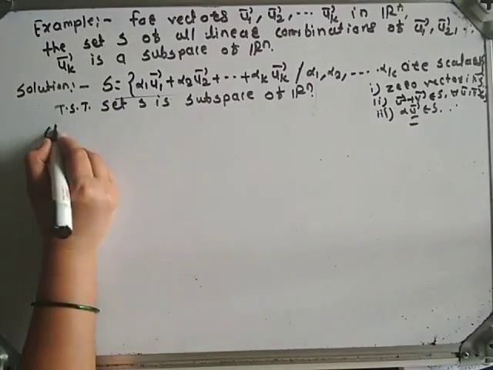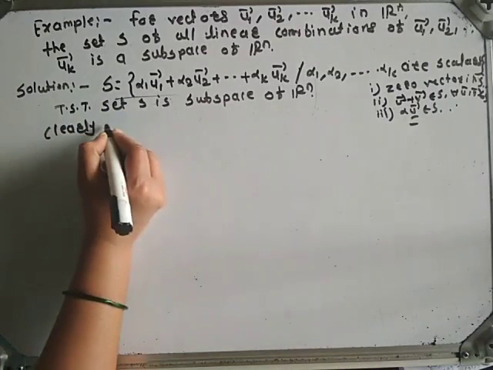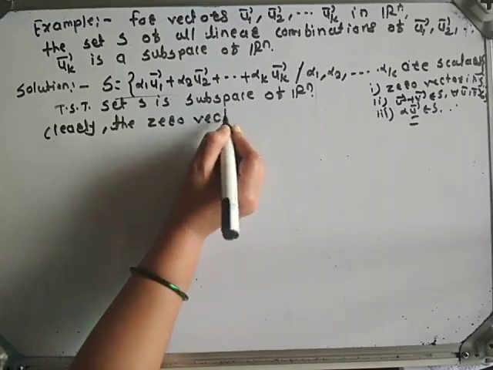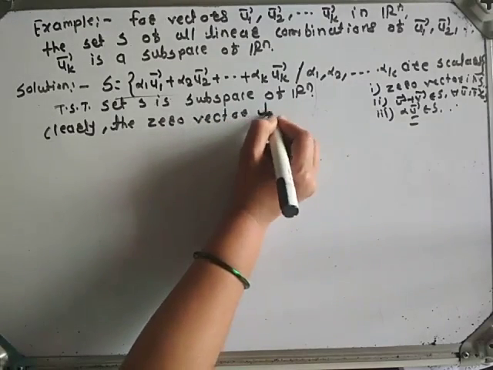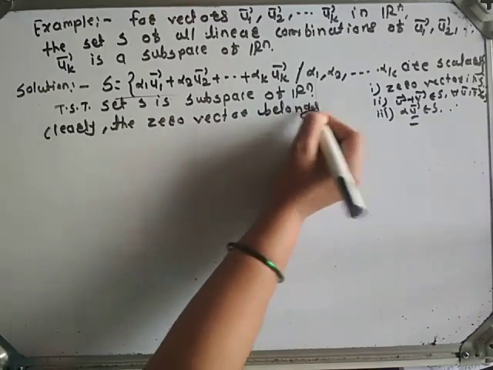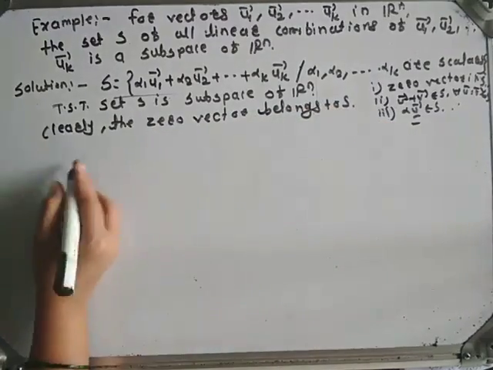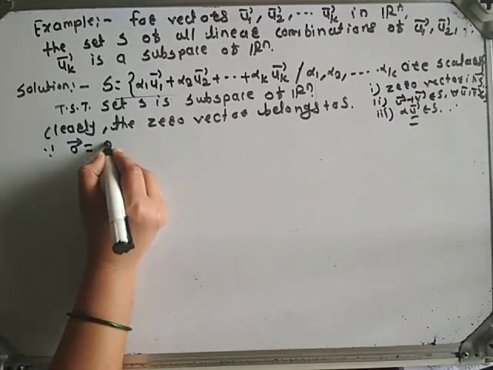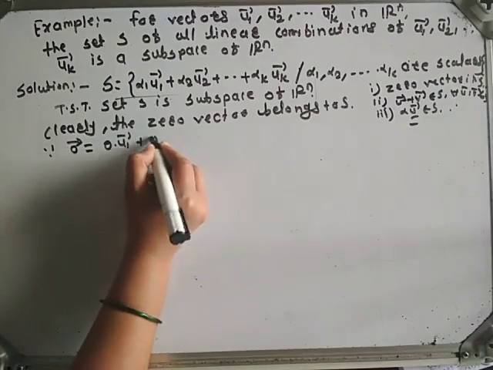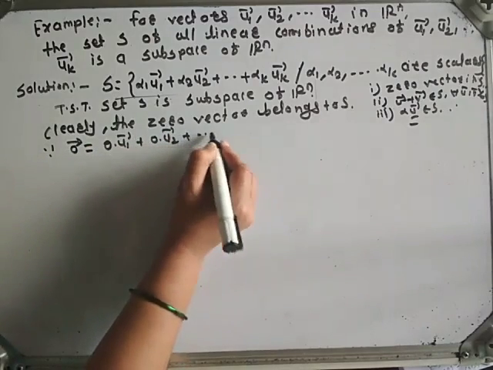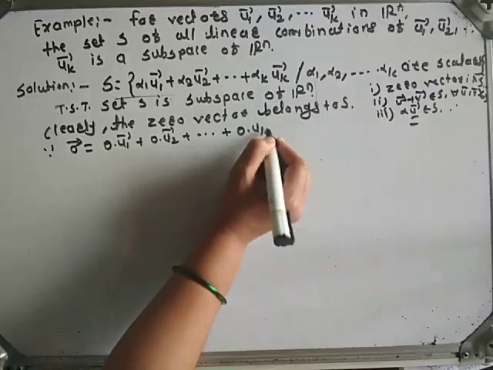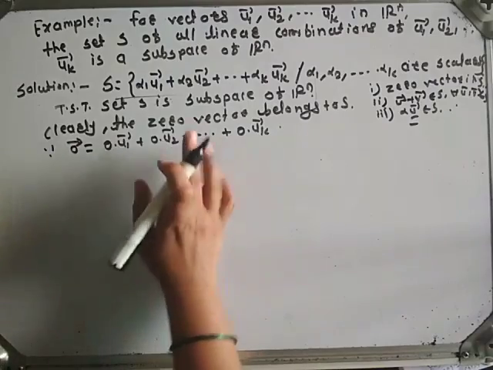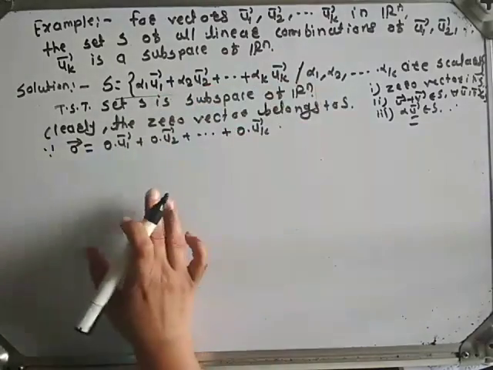First we show that the zero vector is in S. This is clearly true, the zero vector belongs to S. Why? Since 0 bar can be written as 0 dot u1 bar plus 0 dot u2 bar plus and so on up to plus 0 dot uk bar, that means 0 bar can be written as a linear combination of u1 bar, u2 bar and so on up to uk bar.